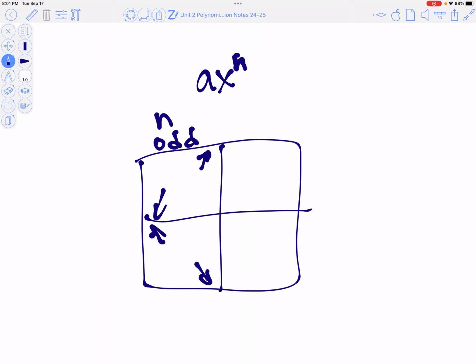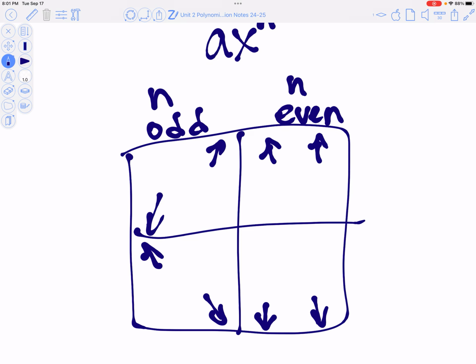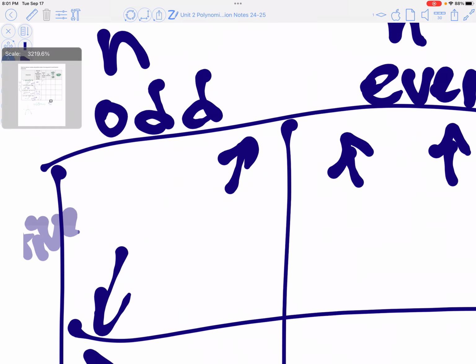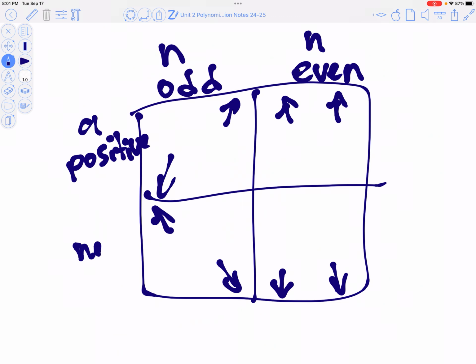If n is even, they both go the same direction, either up, up, or down, down. The other part is the leading coefficient. If a is positive, it'll be like a positive slope or both up. If a is negative, it'll be like a negative slope or both down.